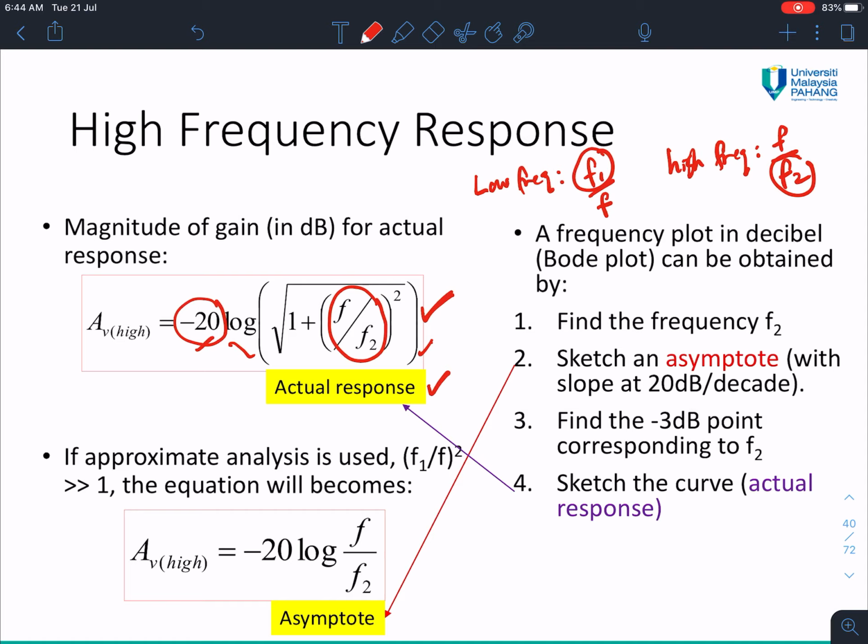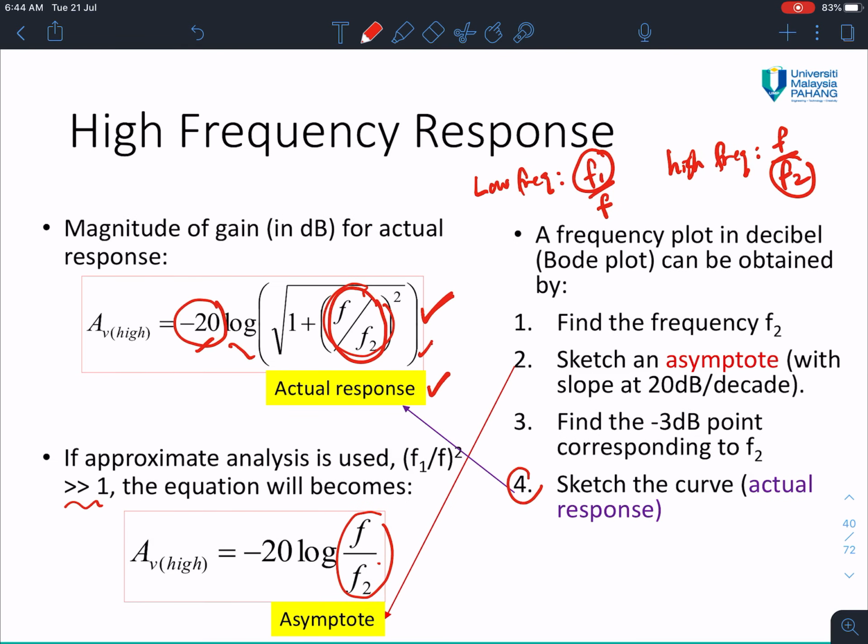Then you use the magnitude of this formula again to sketch the curve. Step number 4: if the approximate analysis is used, when this frequency ratio is bigger than 1, the equation becomes like this. So it's the same as the previous one.